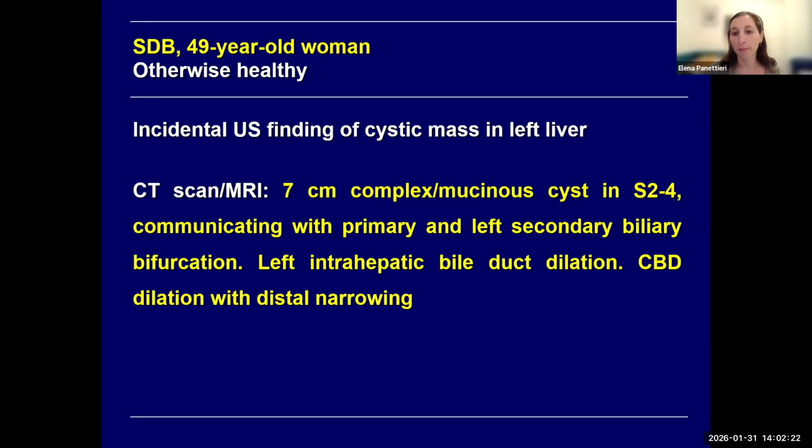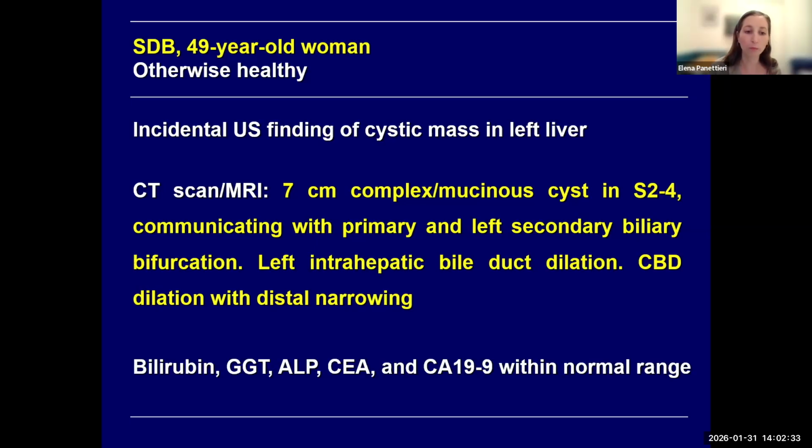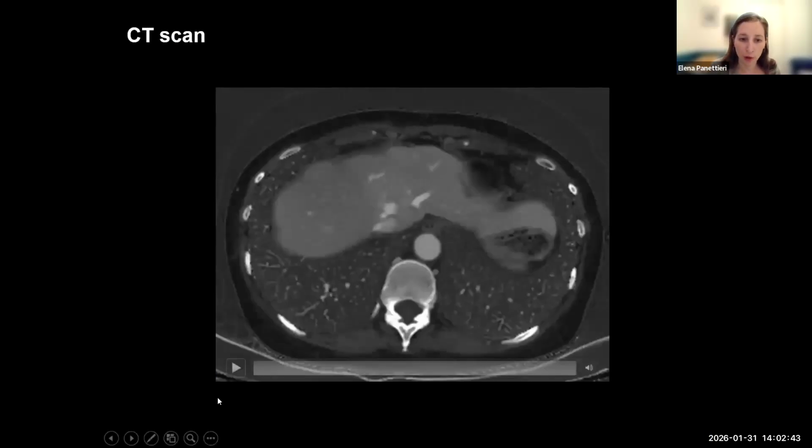There was a bile duct dilation of the left intrahepatic bile ducts, and the common bile duct was dilated with narrowing of its distal portion. Bilirubin, GGT, alkaline phosphatase, CEA, and CA 19-9 were all within normal range. So now I'm going to show you the CT scan.